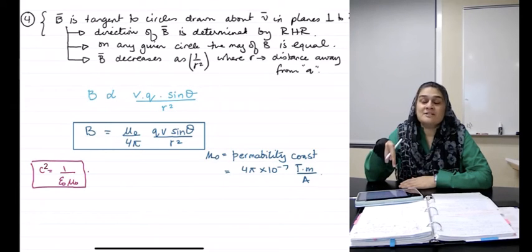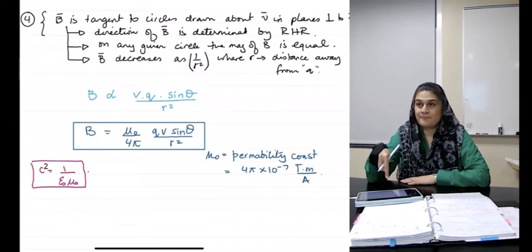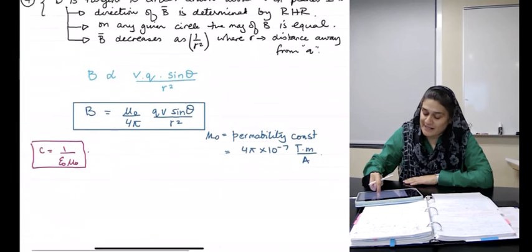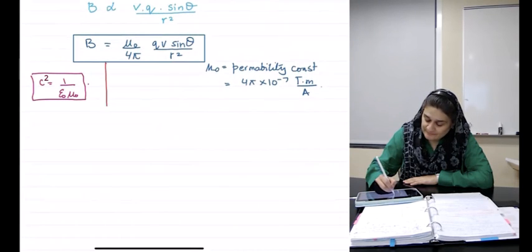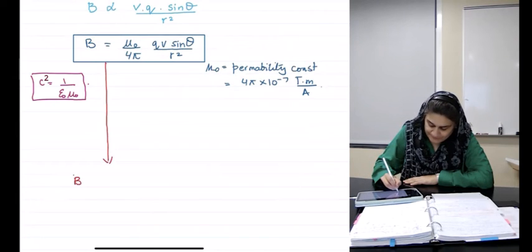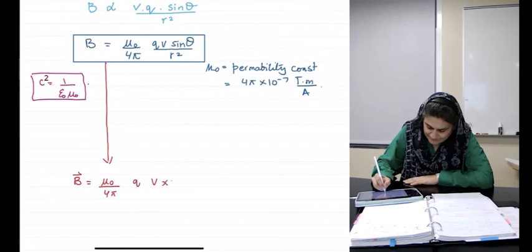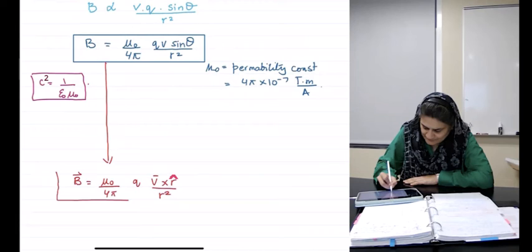Okay, but this is not the form that most textbooks write it as. What they write it as is this. This is called the vector form.